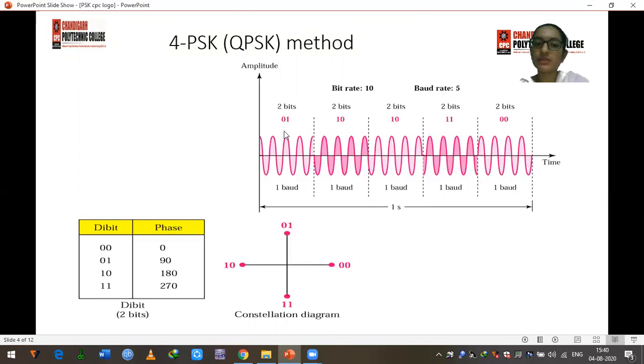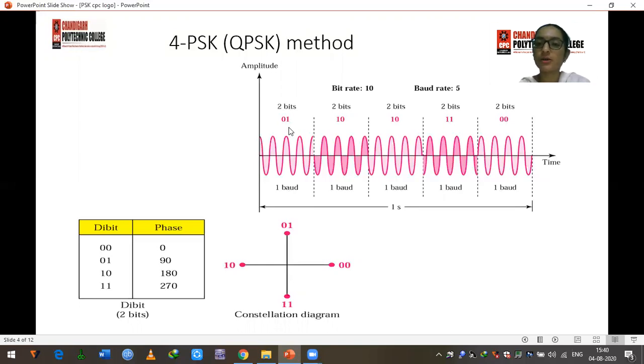If the d-bit is 0 0, then the phase angle is 0 degree. If the d-bit is 0 1, then the phase is 90 degree. If the d-bit is 1 0, then the phase angle will be 180. If it's 1 1, then the phase angle will be shifted to 270.